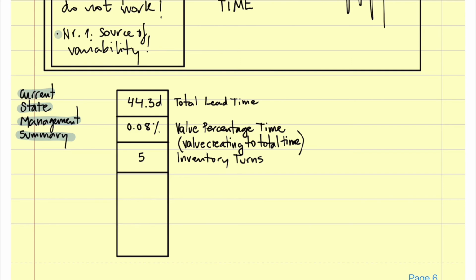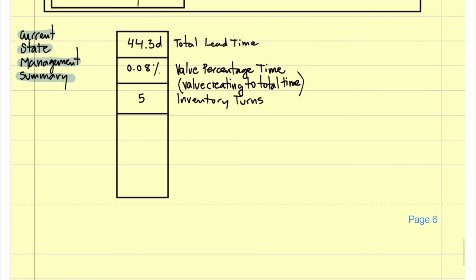Can somebody tell me? So inventory turn, or in German Lagerumschlaghäufigkeit.